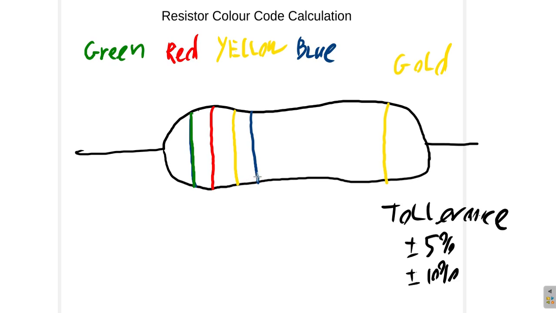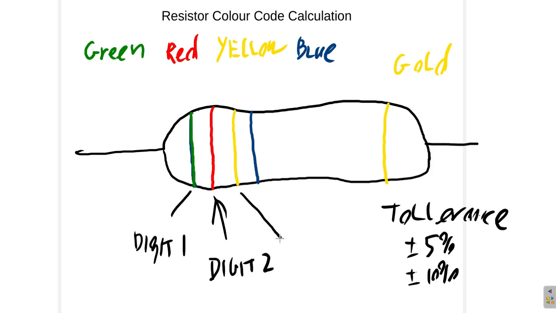Here, when you look at a group of resistors, you have the first stripe, first digit, so digit 1, second stripe, digit 2, third stripe, third color, I should say.